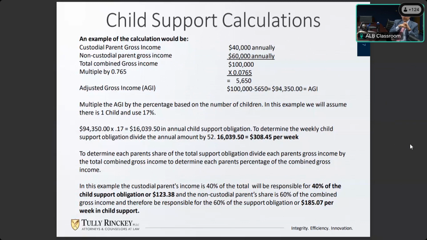And then we come up with 40% of the child support obligation for one party, the party who makes more money, and then what the other parent's obligation should be. So basically what the court is saying here is that this is the total amount of money that we believe, based upon these incomes, has to be contributed to the child for child support.